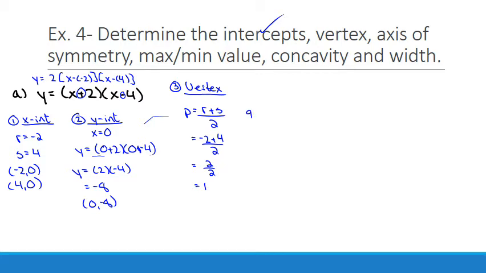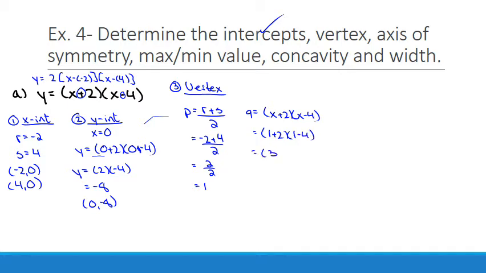To find the q, if there's no formula, you simply plug the x value of 1 into your given equation. So I could write q equals x plus 2, x minus 4, which is now 1 plus 2, 1 minus 4.